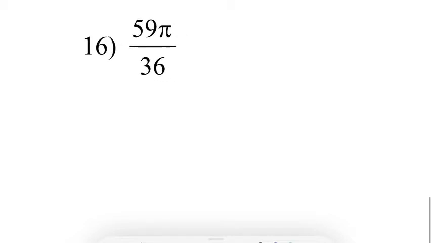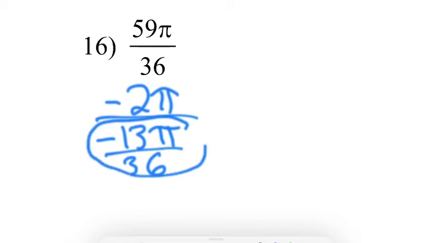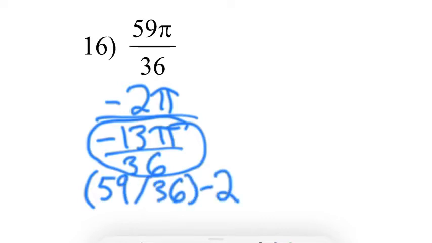For 16, we are going to add or subtract 2 pi because we were asked for coterminal angles. So we can subtract 2 pi. If we're subtracting 2 pi, we will get negative 13 pi over 36. Now that's our negative. If you are using your calculator, a way to put it in is parentheses 59 divided by 36 minus 2.